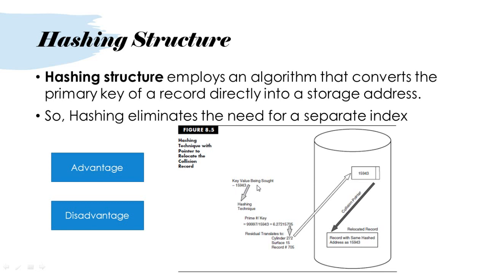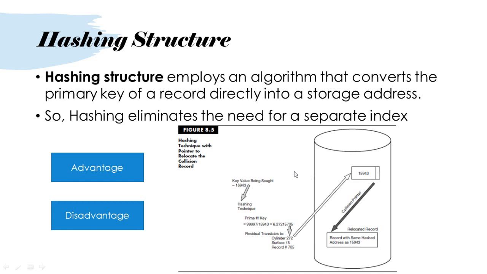For example, when we try to find the file number identified as 15943, first we find the prime hash, and then we divide it by the key, and we get numbers like this, which can then be defined as cylinder, surface, and then record, to find 15943 on the disk.